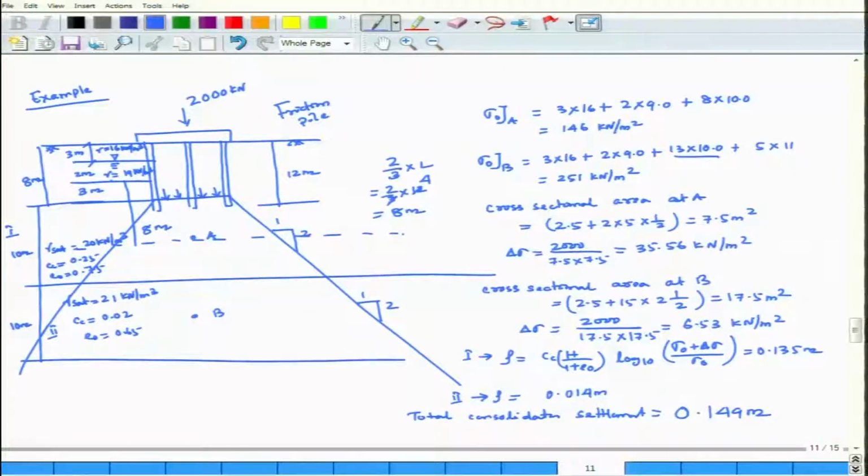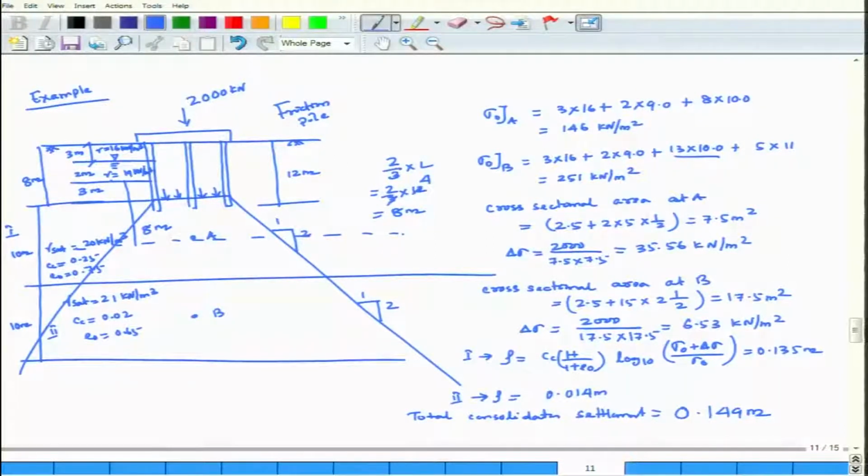So, what I did, there are two layers, compressible clay soil layers of 10 meter and 10 meter, and at the center the overburden pressure sigma 0 at A and B has been calculated. Then cross sectional area at this point and at this point, based on that delta sigma has been calculated.